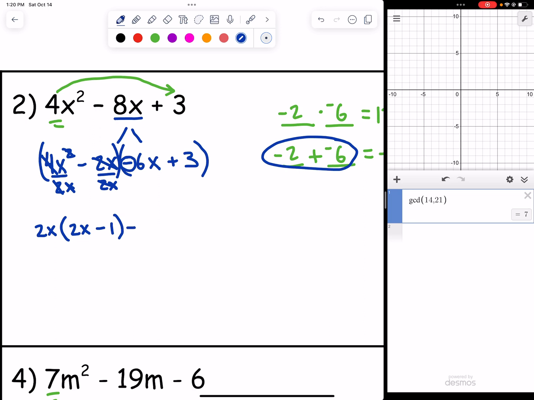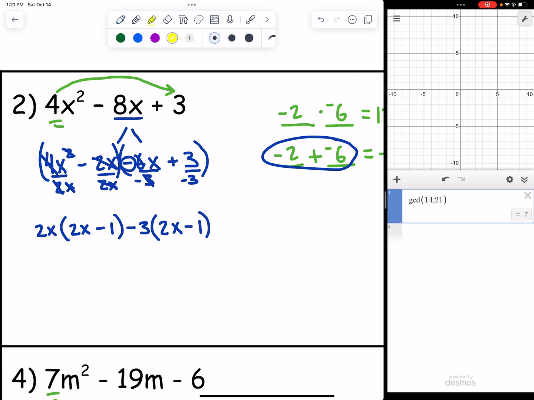And then I see that 3 is our smallest number, and 3 would go evenly into 6. So let's take out a -3, and then we can't take out an x since the 3 doesn't have one. So then -6x divided by -3 would be 2x, and then 3 divided by -3 is a -1.